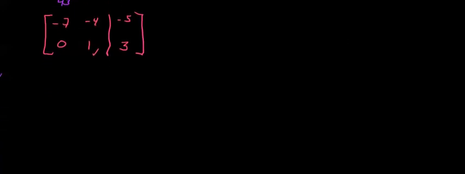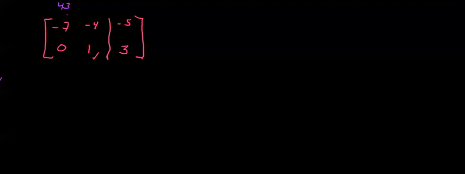Now, I want this to be a 0. So I'm going to take row 2, multiply it by 4, add it to row 1, and replace row 1 with that.